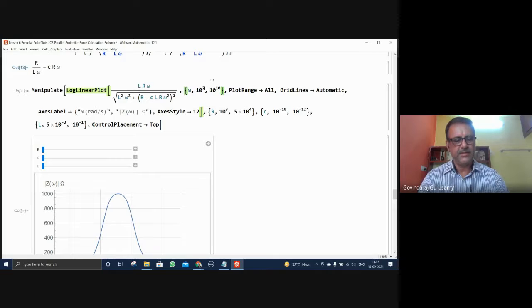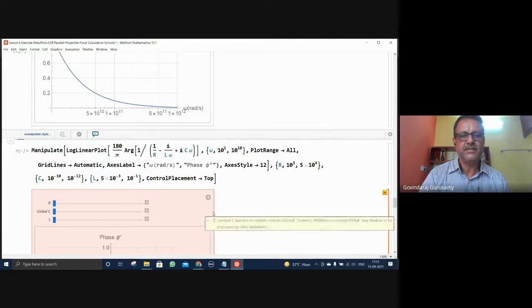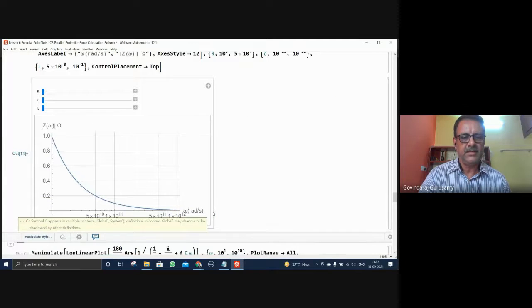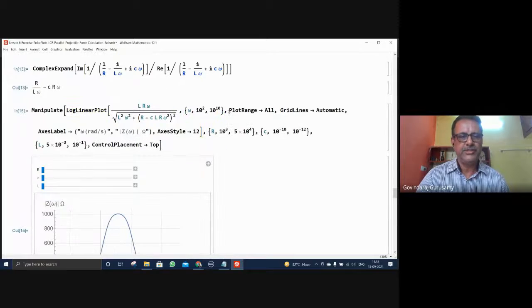Now I am just putting 12, 10. Something has come which is absolutely nonsense. It is not correct at all. So try to avoid that and make sure that you have a proper range. Maybe log plots might work out.